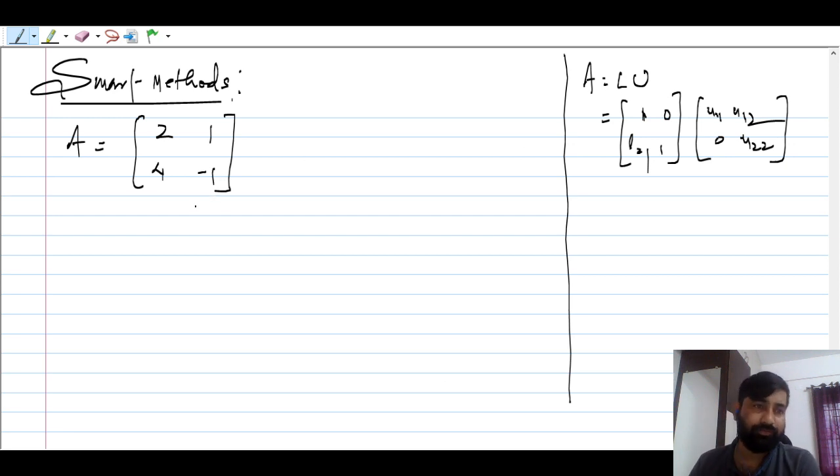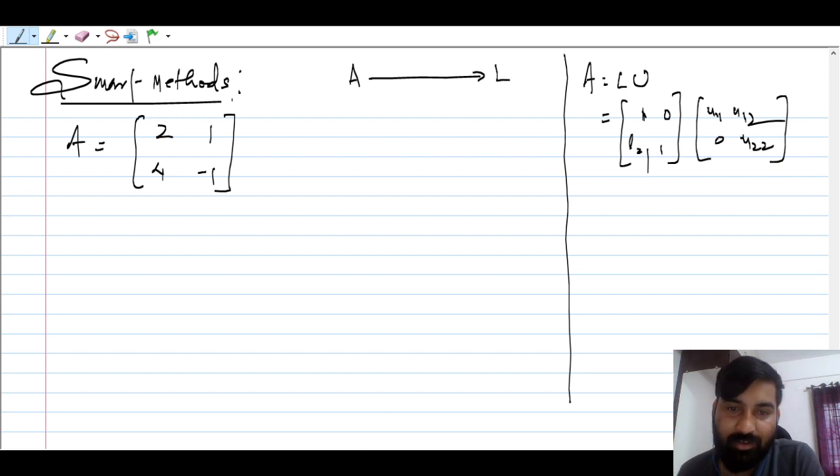So in smart method, what we will do here is we will try to get from this A matrix, and then you have to remember some operations you have to apply, right? From A matrix we have to get some matrix L, initially, okay?